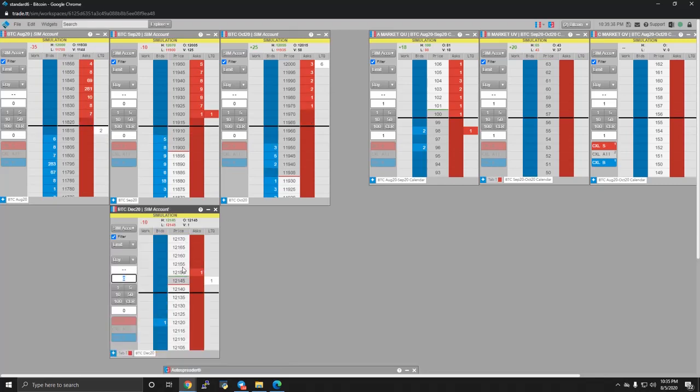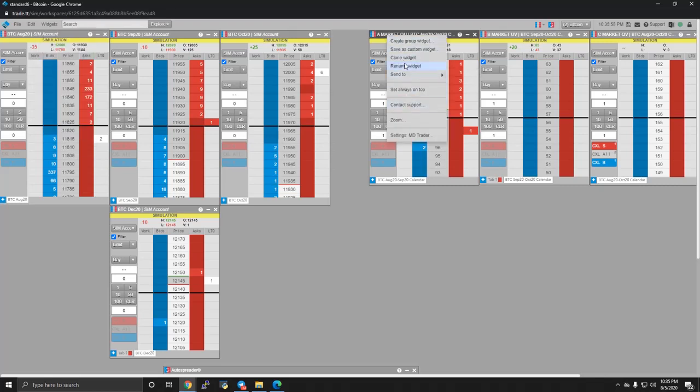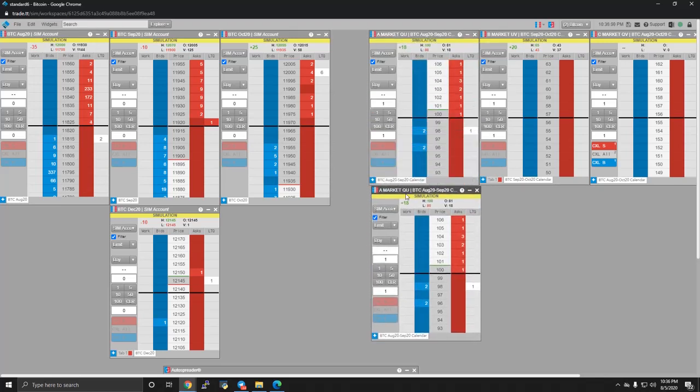Here's our December market, and now we need to come up here and add the corresponding calendar spreads for QZ, UZ, and VZ, and we're going to do that now. I will clone these. So this is going to be Bitcoin UZ.